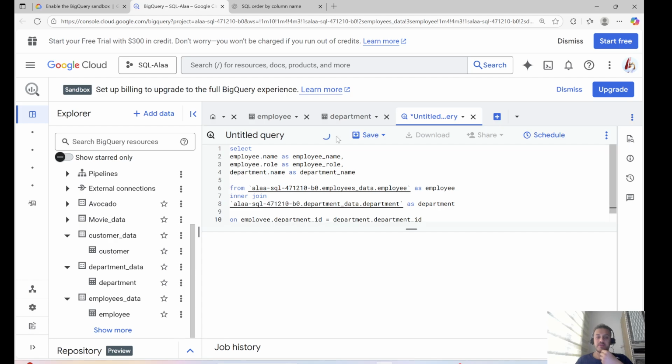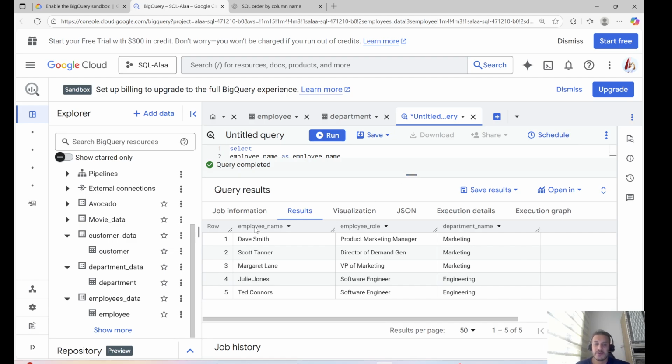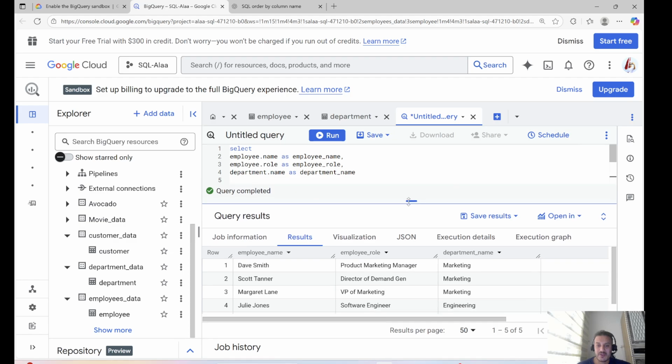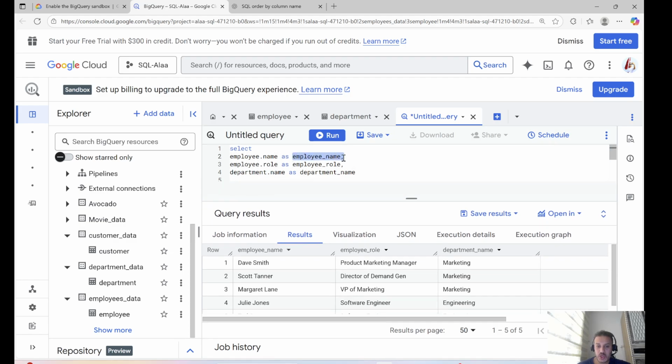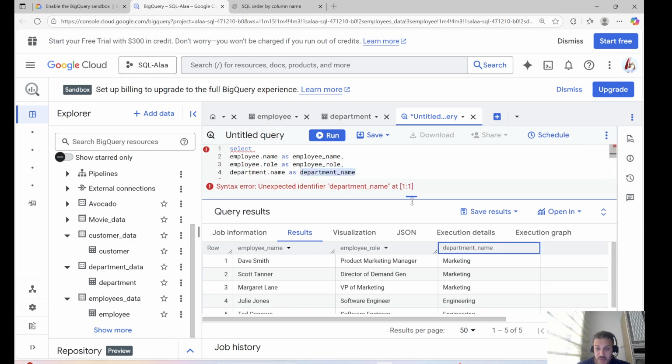So we run our query. This is why I gave them aliases: my names are employee_name, so I know this is the name from the employee table, and my employee_role, and my department_name, the name from the department table. Now it gives us the matching part between the employee and department tables, only the matching part between them.